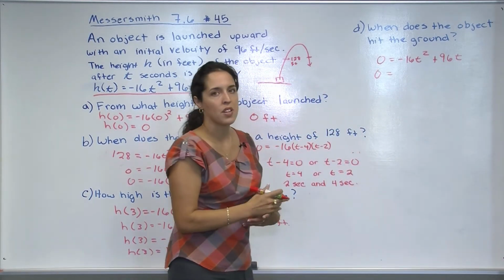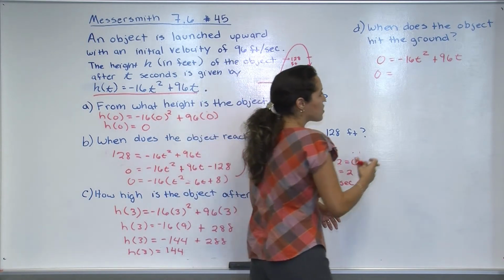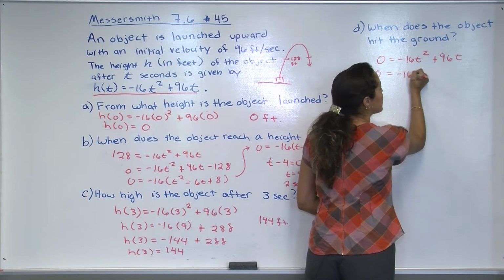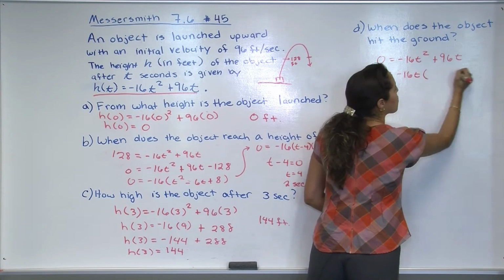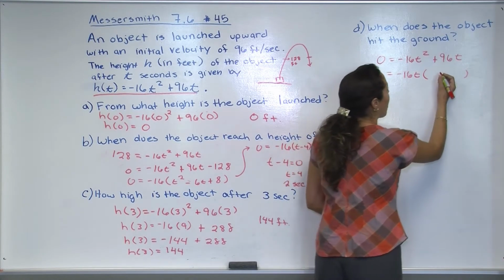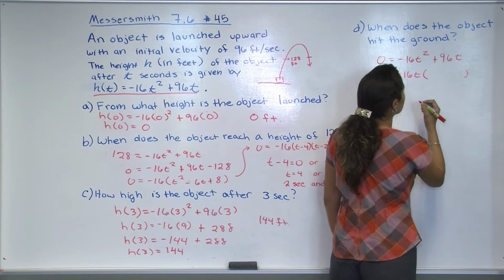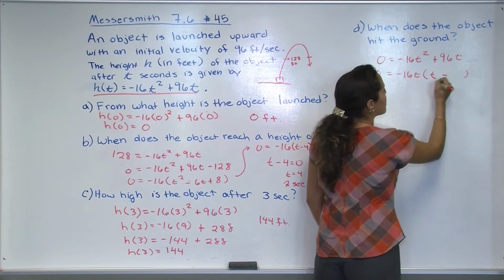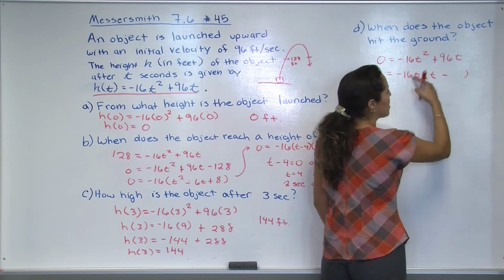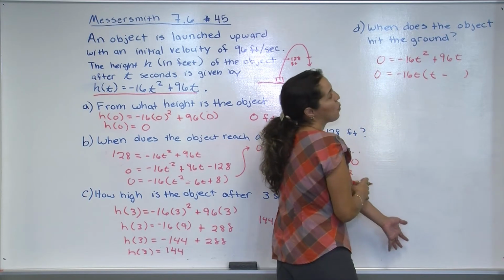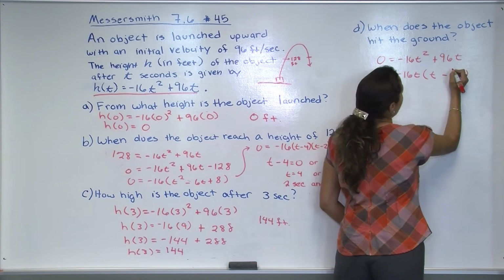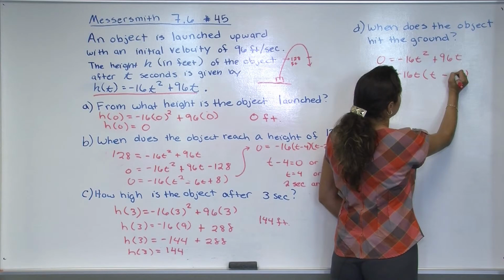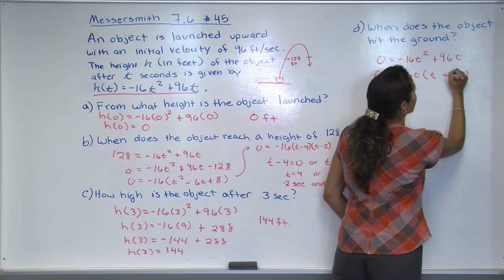We're solving for t. We factor out the greatest common factor. So we'll start off with factoring out a negative 16t, and we end up inside the parentheses with t, and then minus, and negative 16 times what gives me 96? That's going to be 6.